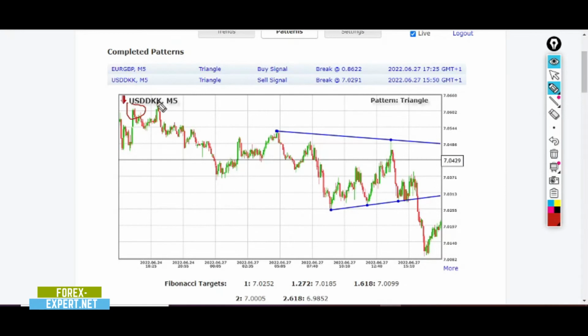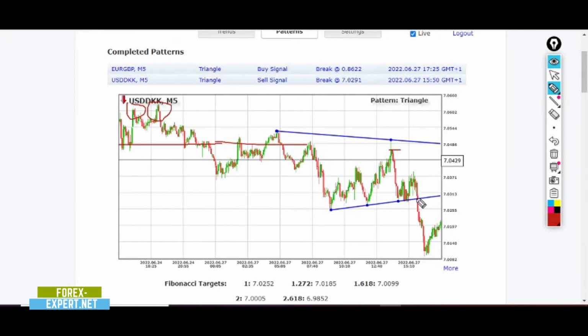We got these two tops here, and then breaking this level here, retesting a few times, and again the previous support is now acting like a resistance. If you see this pattern here, the triangle, the price last time was retesting with this spike the previous resistance, and then it had no problem going down.